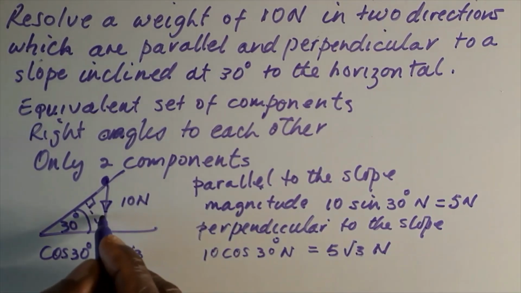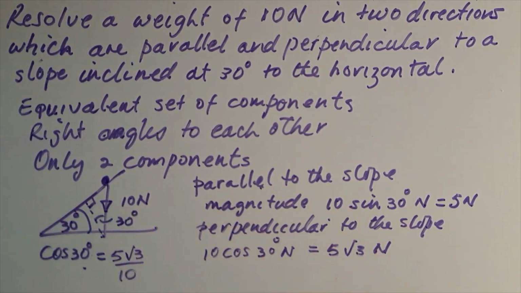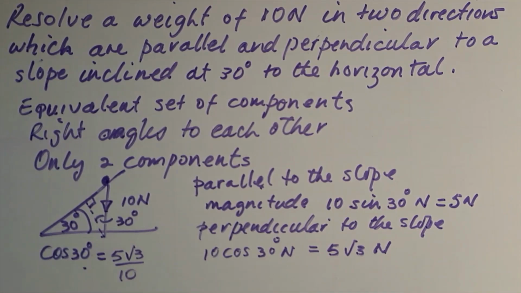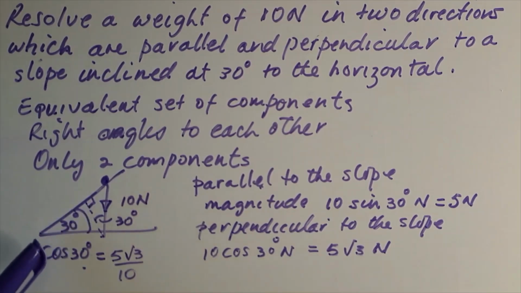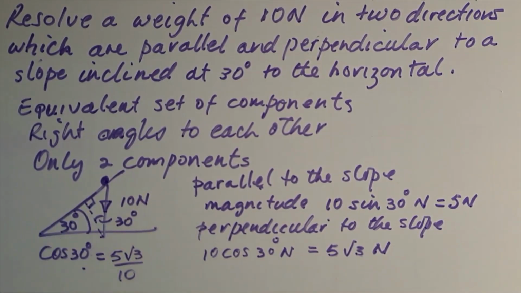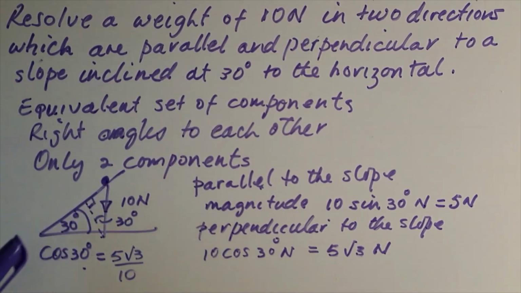Another question, oh, I didn't put the angle here. Another question you might have been wondering is, why is this 30 degrees here? We have similar triangles here. Once we use this common slope and we have a vertical, the weight acting downwards vertically from the slope, we have a similar triangle to what we have here on the large scale.